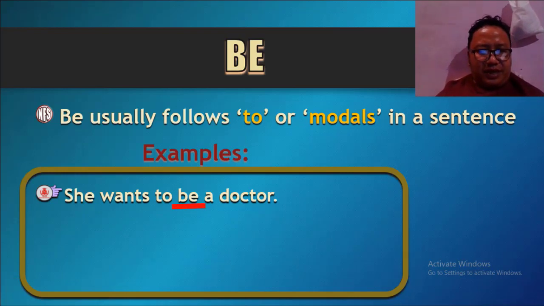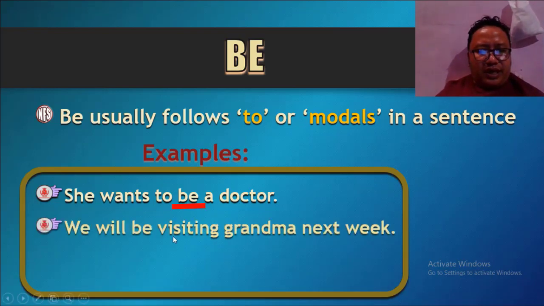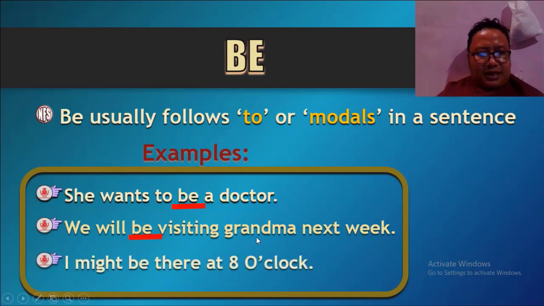Here we have be, so this is the be verb. And we will be visiting grandma next week. Here we have be again, the be verb. And I might be there at 8 o'clock. Here we still have be. So these are the be verbs that we use in the sentence.